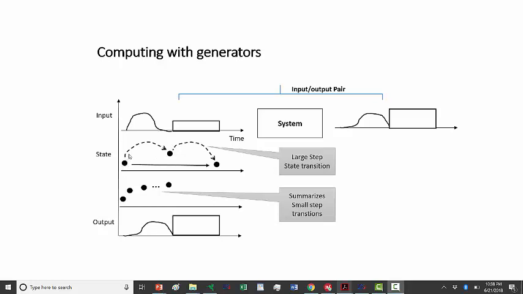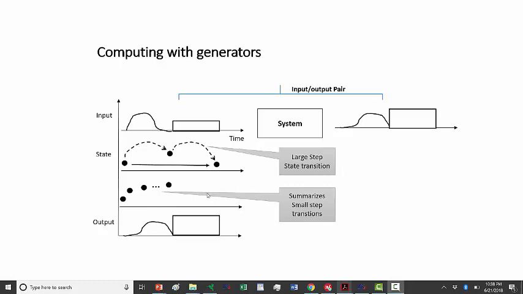If we can do that, then we iterate to compute successive states at the end of each generator, and then we have an output function that produces output based on those state transitions.